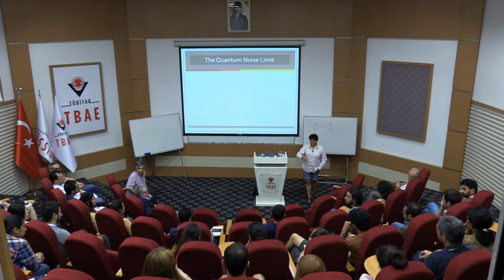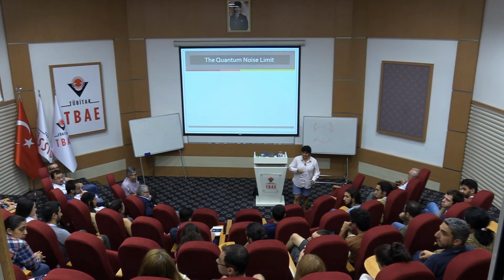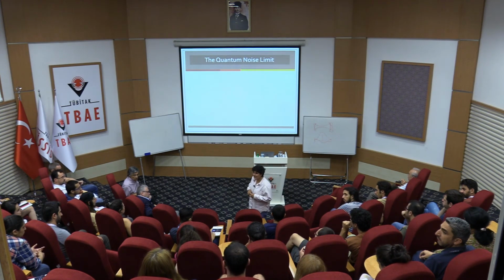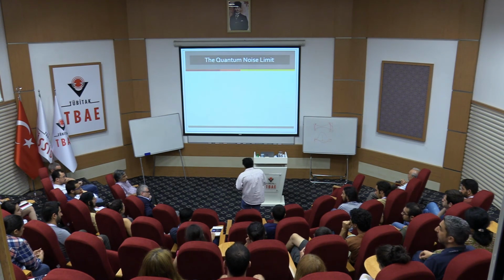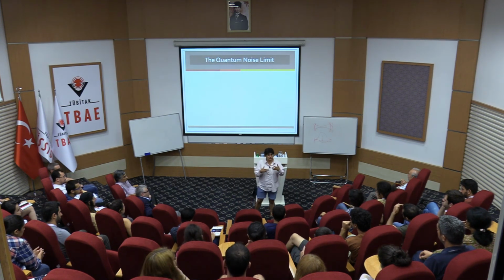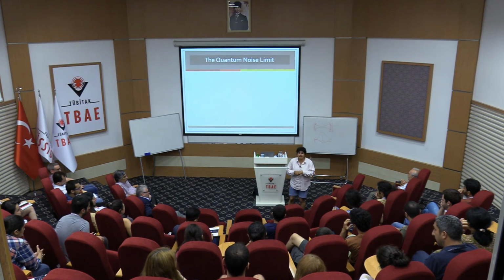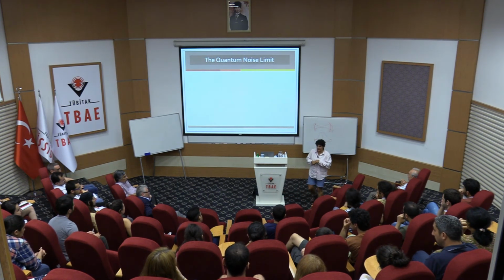Other questions? Is there a plan for active cancellation for relatively easily measurable sources of the gravity gradient? Yeah, so the question is, is there a plan to use this kind of feedback control to measure the gravity gradient and cancel it out? There have been many laboratory experiments and tests done of that.